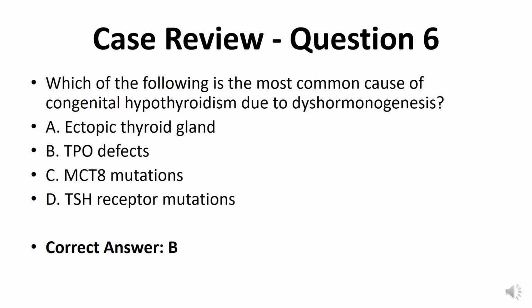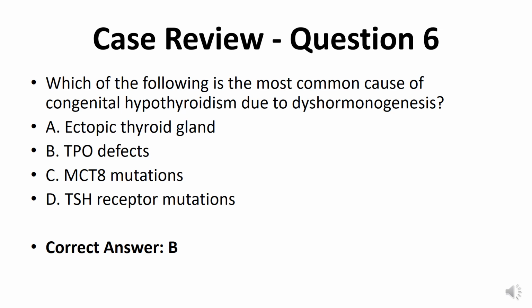Option C, MCT8 mutations, cause thyroid hormone transport disorders such as Allan-Herndon-Dudley syndrome. These conditions affect cellular transport of thyroid hormone rather than hormone synthesis itself. Option D, TSH receptor mutations, can impair thyroid stimulation, but they are not the most common cause of dyshormonogenesis.